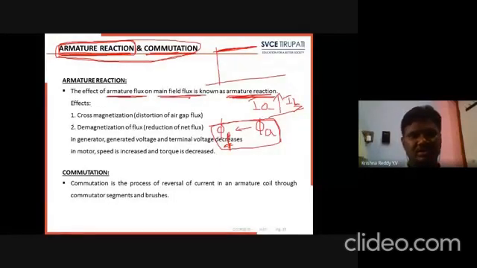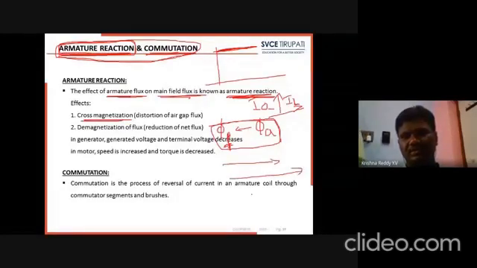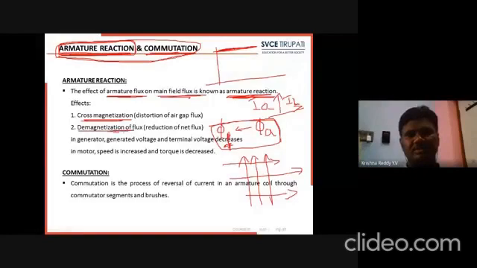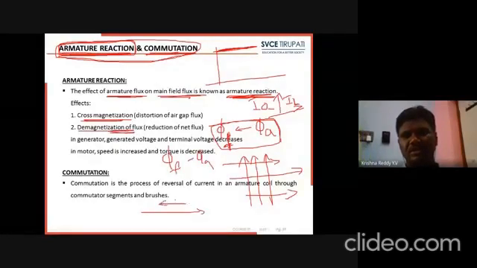This effect may be cross magnetization. Cross magnetization means the armature flux flows in this direction, and the main field flux flows in this direction. Otherwise, demagnetization of flux. Demagnetization of flux means phi f minus phi a: the armature flux flows in one direction, the main field flux flows in the opposite direction.